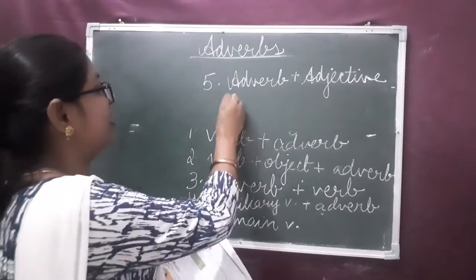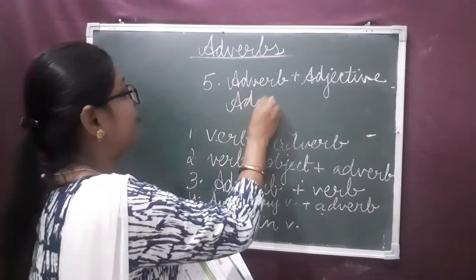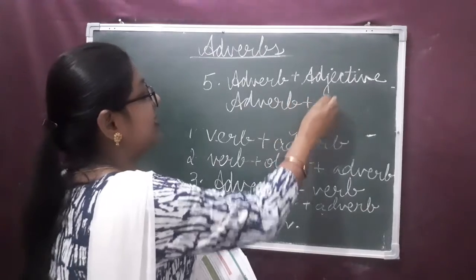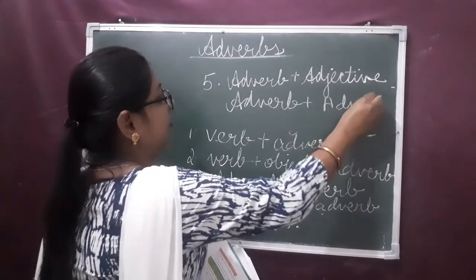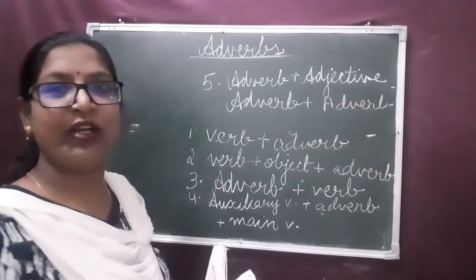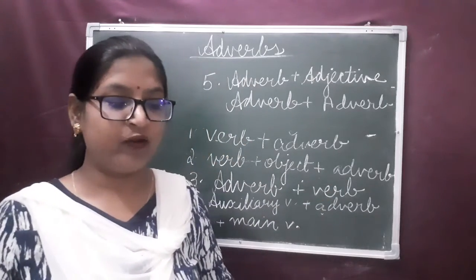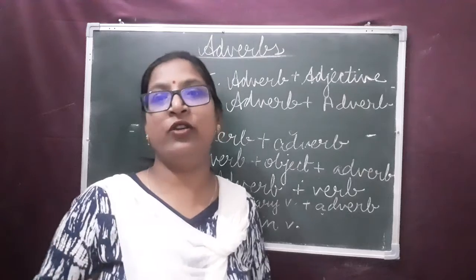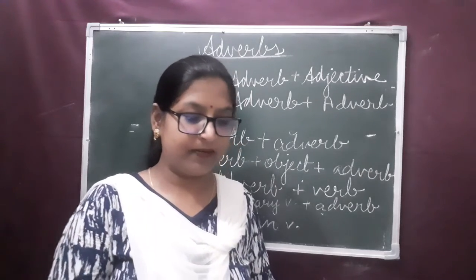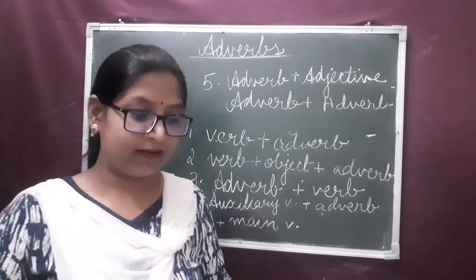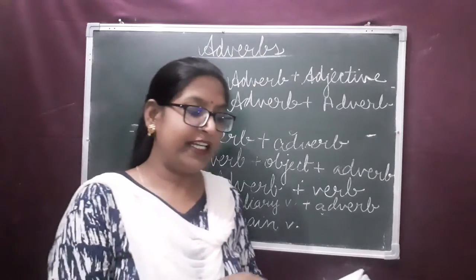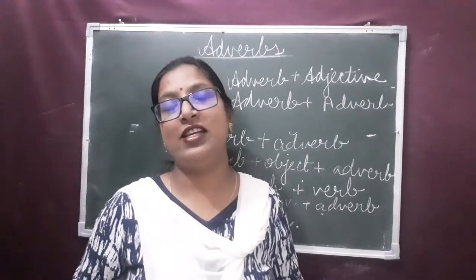And the next one is adverb plus adverb. When there are two adverbs in a sentence, an adverb is placed before another adverb which it modifies. Now, get my bag very quickly.